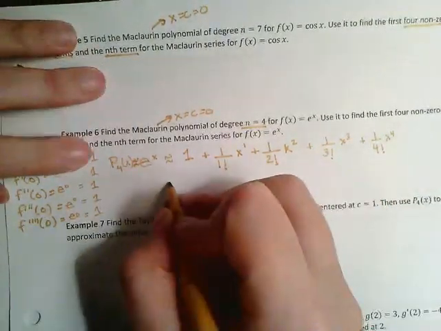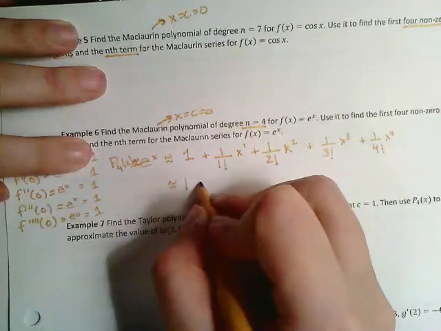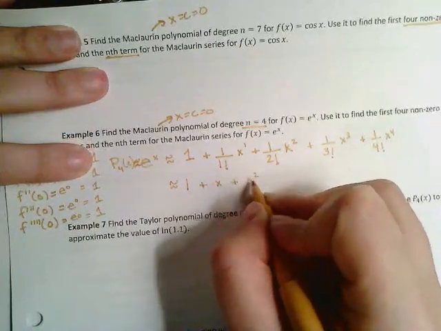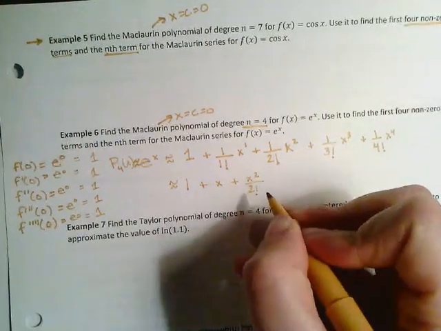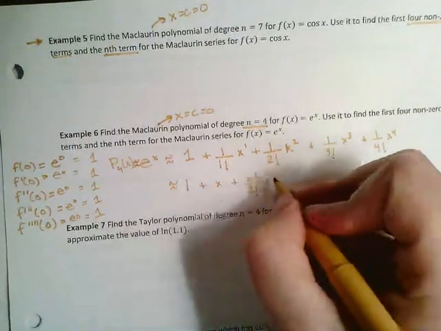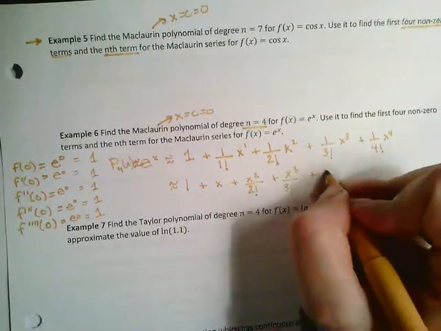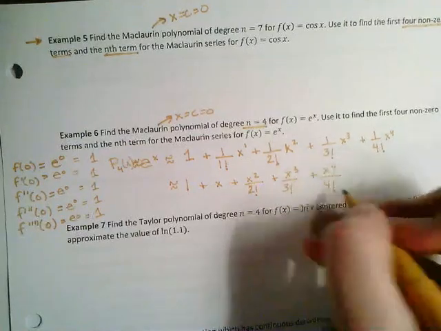So once you clean this up, it's just going to be 1 plus x squared over 2 factorial plus x cubed over 3 factorial plus x to the 4th over 4 factorial.